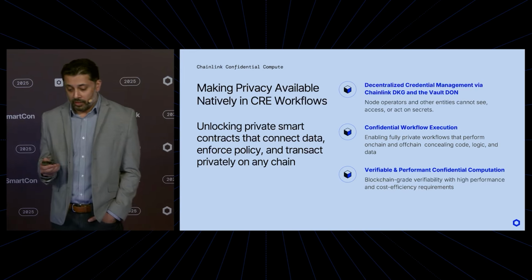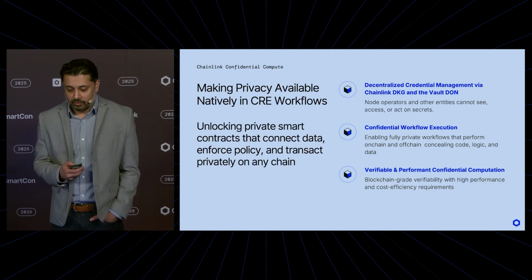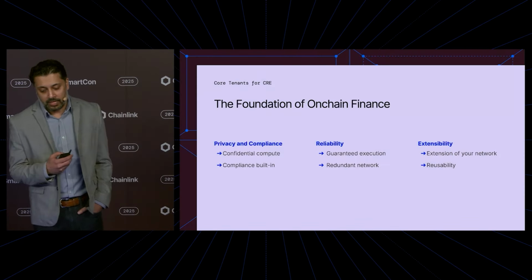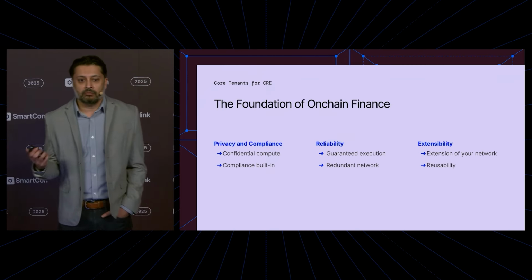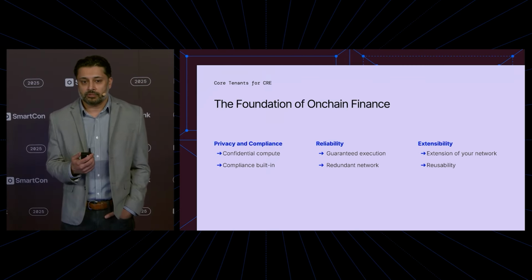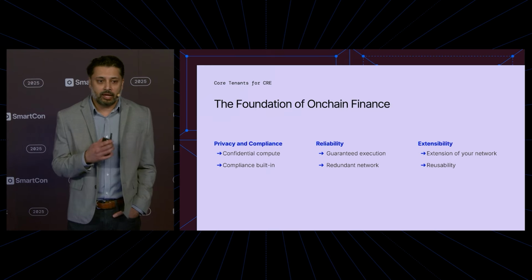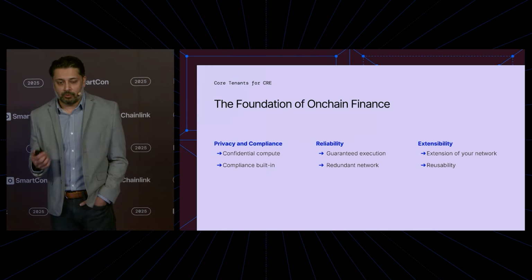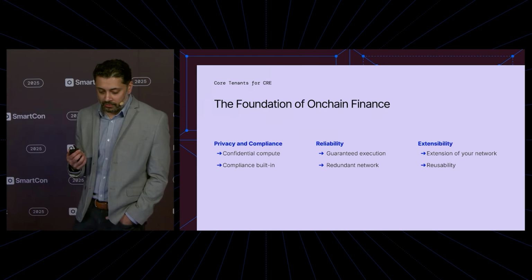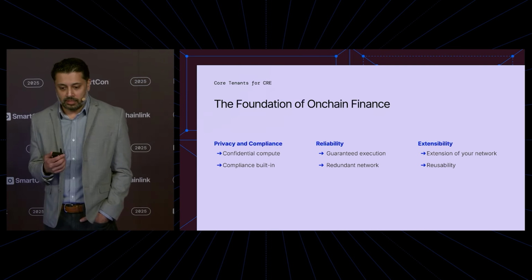So with privacy at its core, one of the other foundational elements of CRE is reliability. So I mentioned that we abstract away the blockchain for developers. As part of that, we also guarantee execution. So that is the reliability that we provide from an execution perspective. The second reliability is we provide a variety of different deployment mechanisms for your workflow.